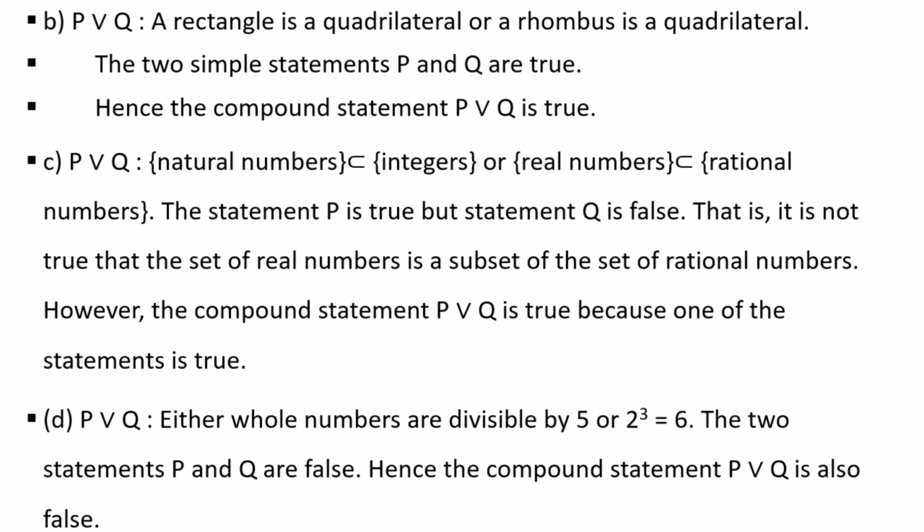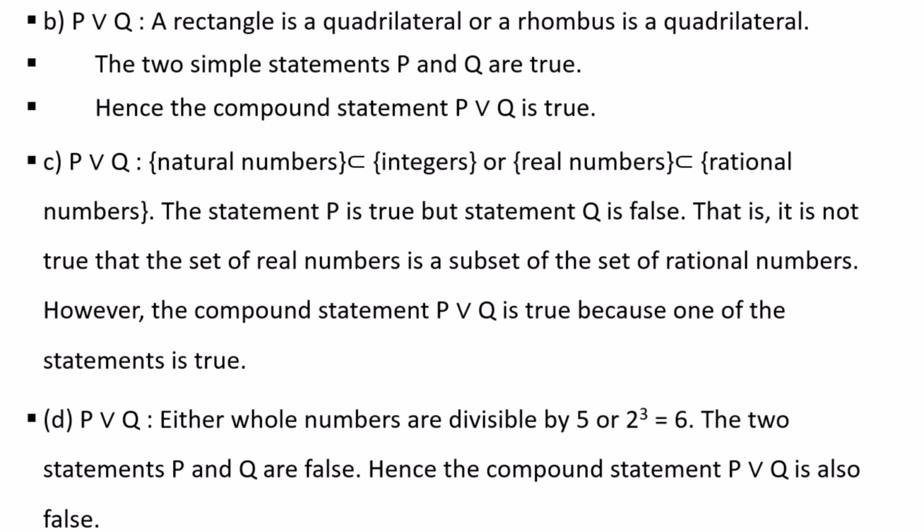The last one, either a whole number is divisible by 5 or 2 exponent 3 is equal to 6. First one, 2 exponent 3 is not 6, it's 8. And either a whole number is divisible by 5.